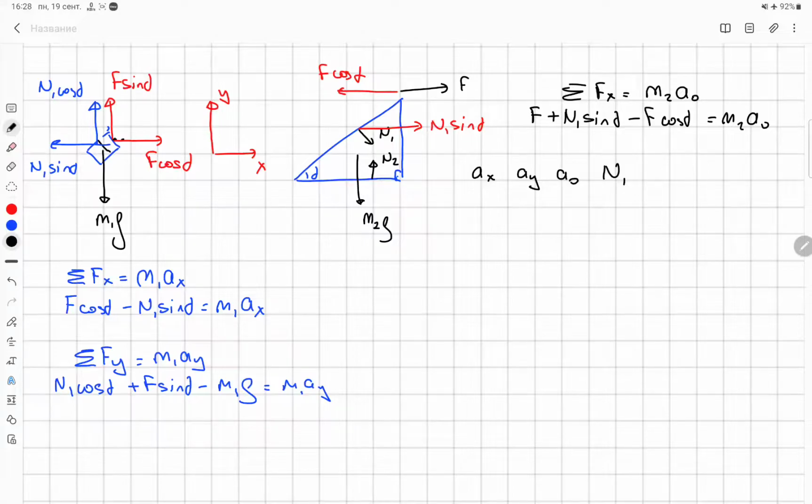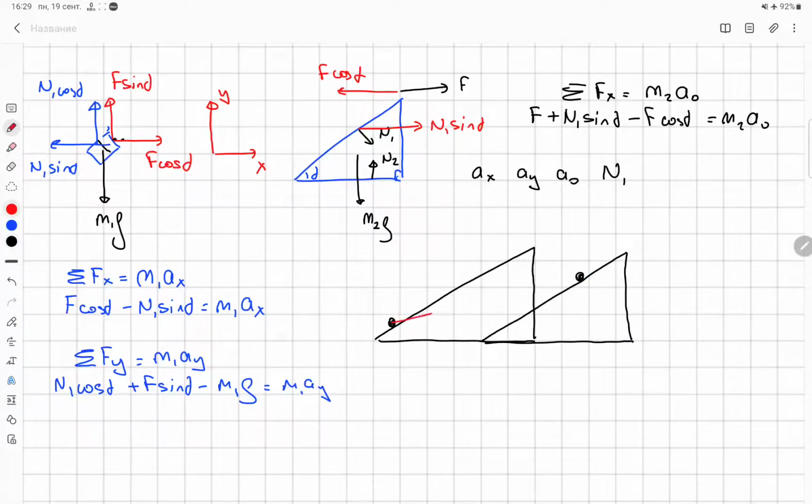Now we will try to find a relationship between accelerations. For this, let's draw the initial position of the system. For example, M1 was here, and after some time, their positions will be like this, approximately.